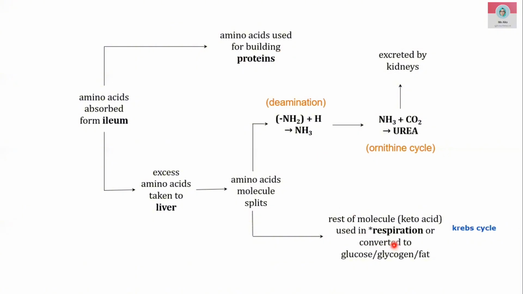After that, some of them will enter the Krebs cycle. The rest would either be converted to glucose or glycogen or fat. So this is a summary of what happens to the amino acids that are consumed by mammals.